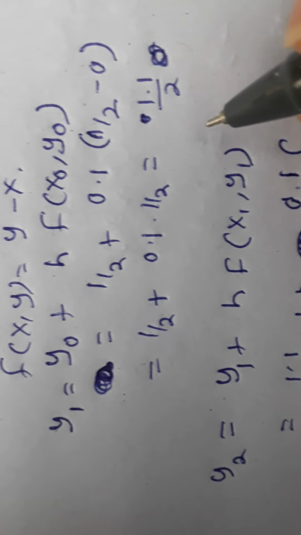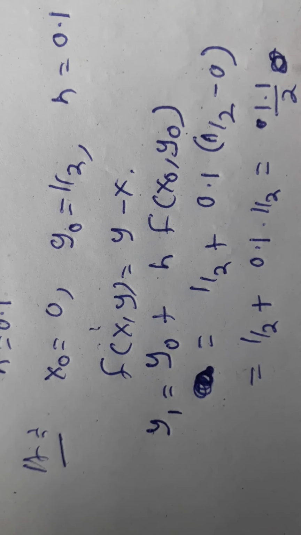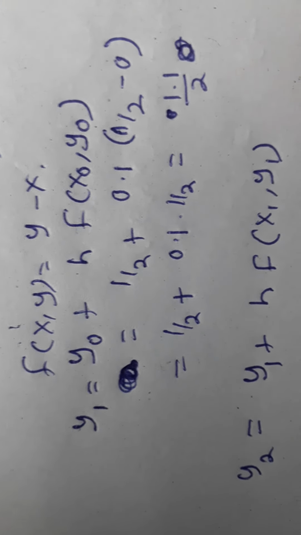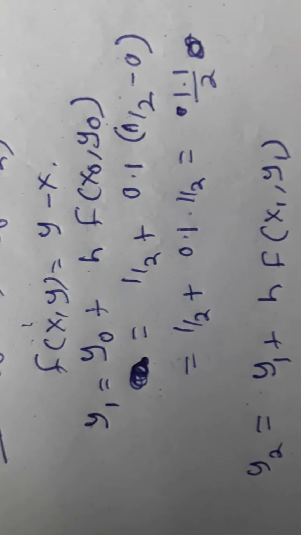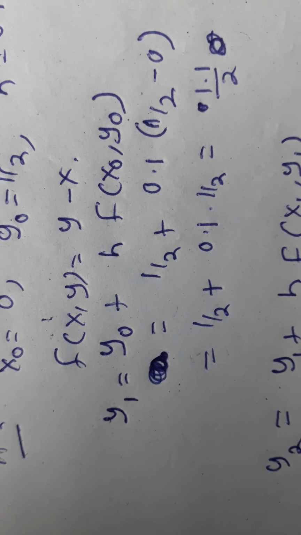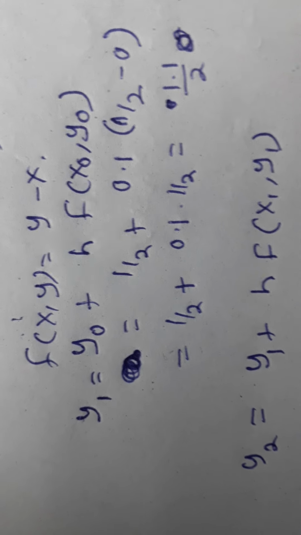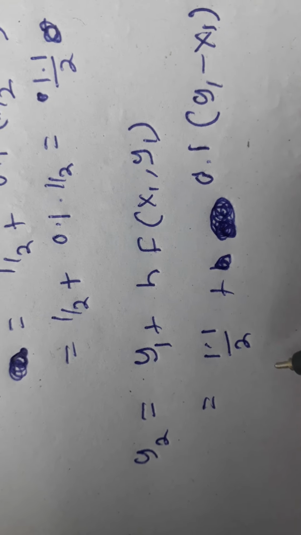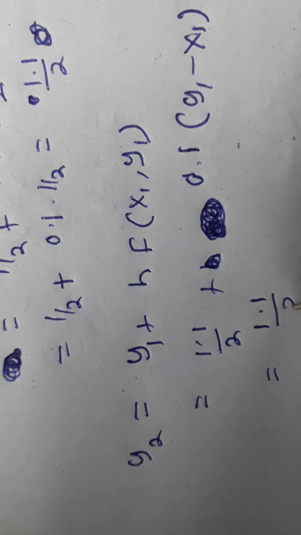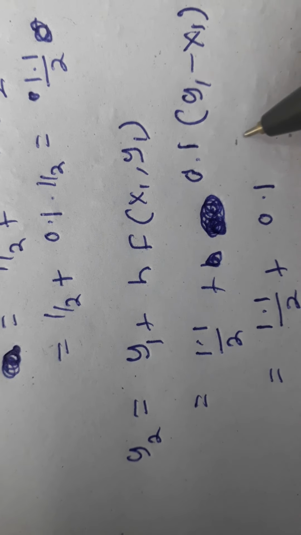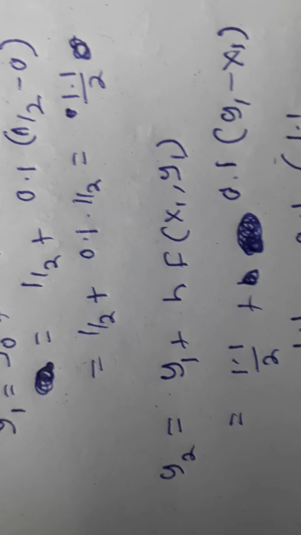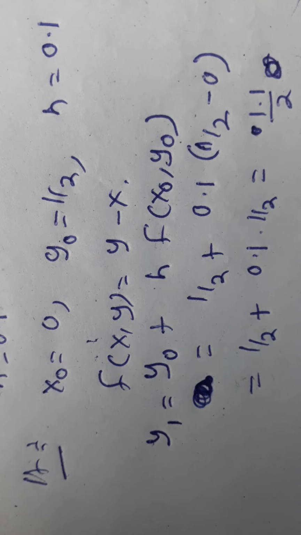Here x0 is equal to 0, h equal to 0.1, so x1 will be 0 plus 0.1, so x1 will be 0.1. f of xy means y minus x, so f of x1 y1 means y1 minus x1, so it will be 1.1 by 2 plus 0.1 into y1, which is already calculated before, 1.1 by 2 minus x1, which is x0 plus h, means 0.1.